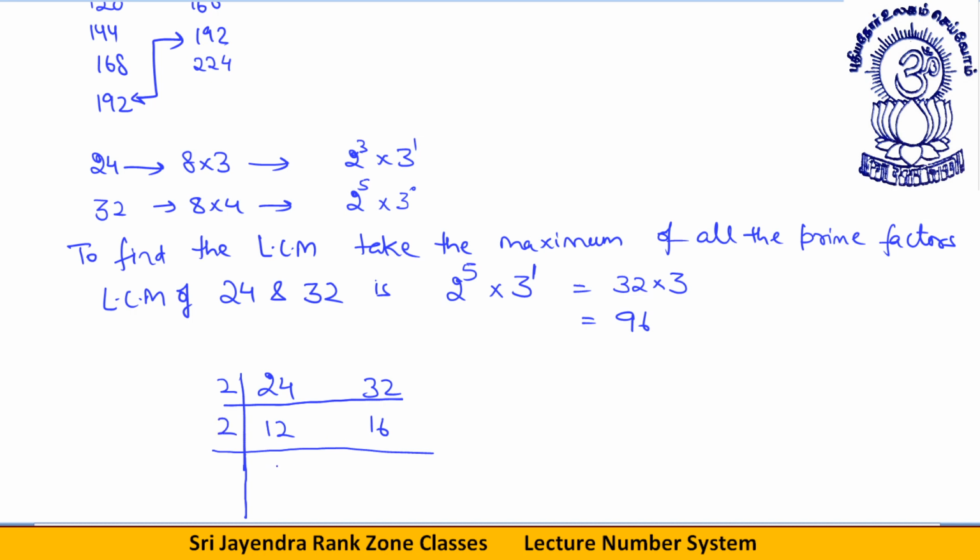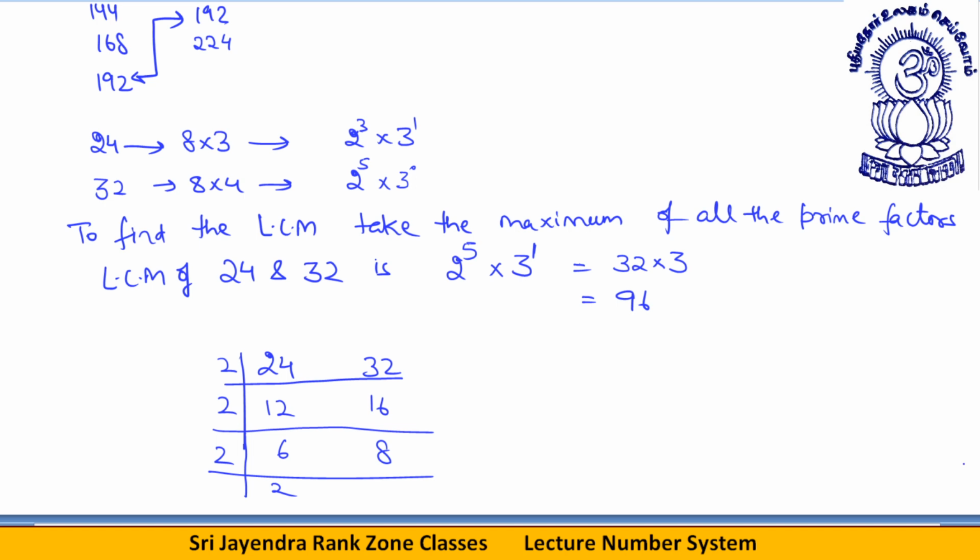Again, both of them are divisible by 2, it becomes 6 and 8. Now, if I divide them again, I need to do it on the lower page.